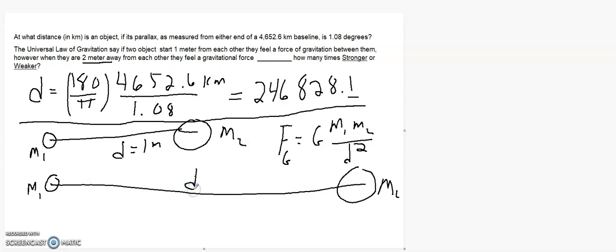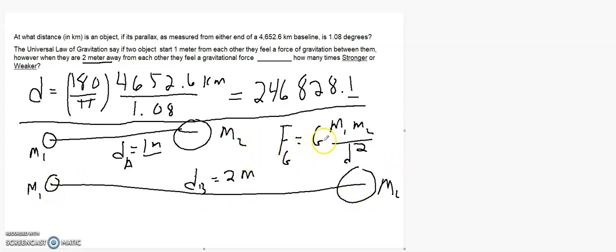We'll call this one D sub A, for situation A, when they're 1 meter apart, and we'll call this one D sub B when they're 2 meters apart. Okay, so that's all we know. Again, same masses, but they're twice as far apart.